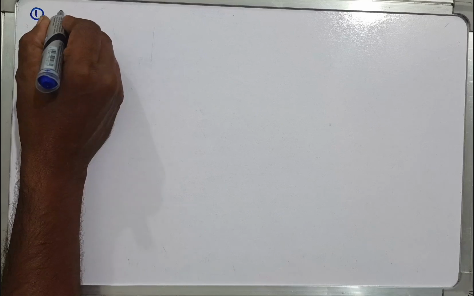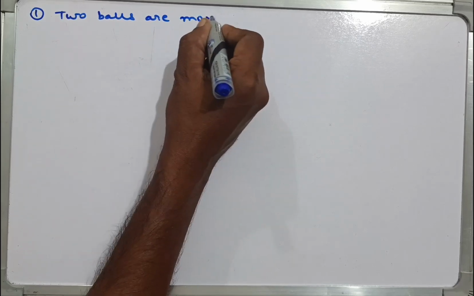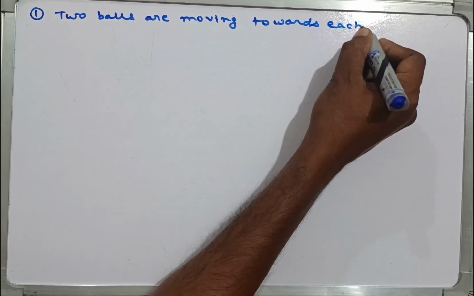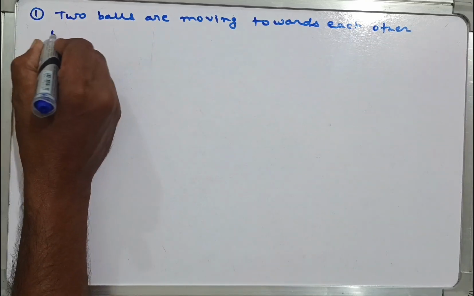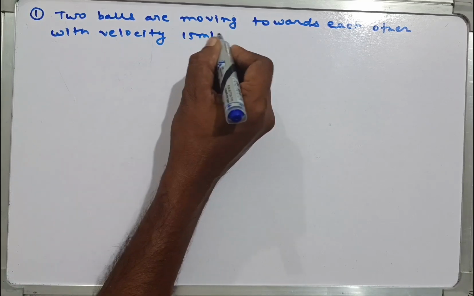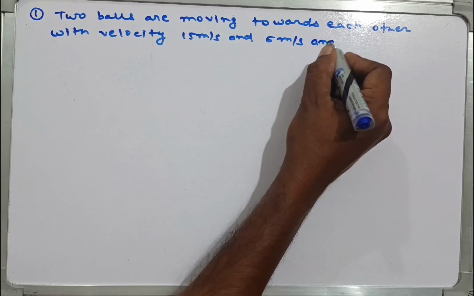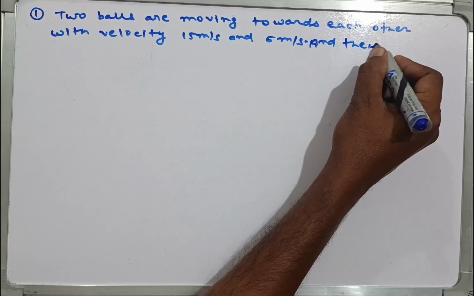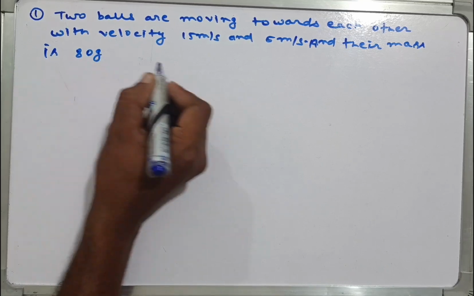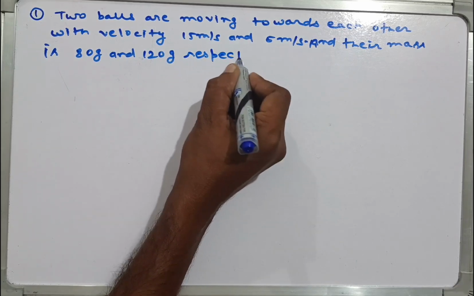First question: two balls are moving towards each other with velocities 15 meter per second and 5 meter per second, and their masses are 80 gram and 120 gram respectively.